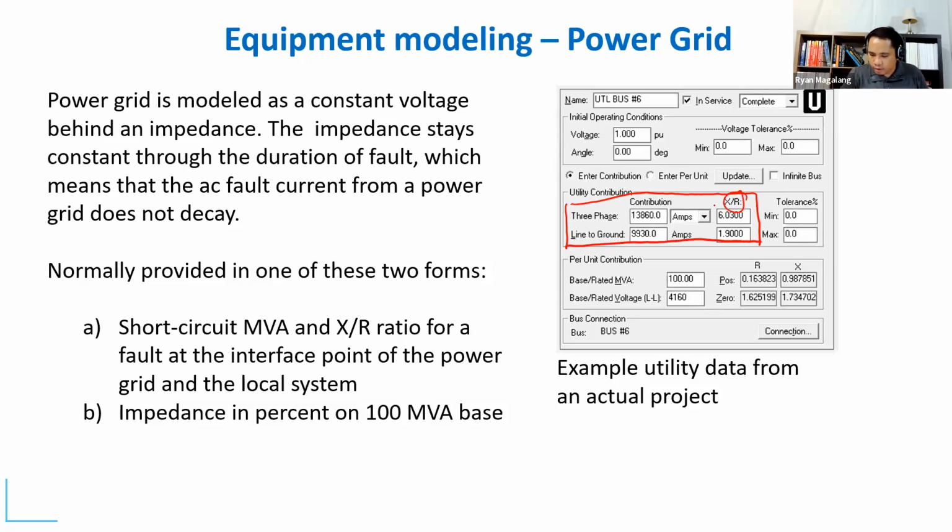See, XR is here. They will give you that usually in amps and XR. Sometimes they will give it to you in MVA and XR, and that's the same. And of course, the voltage level. So that's this one. So here you have selected your 100 MVA base.